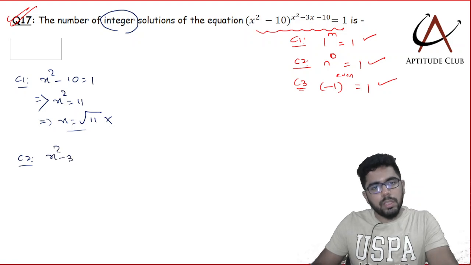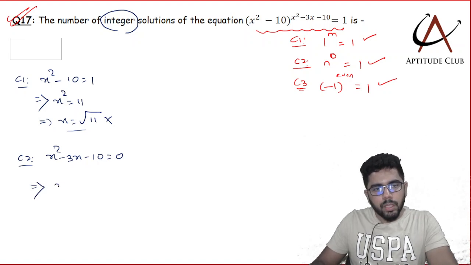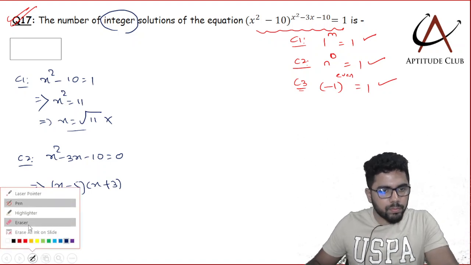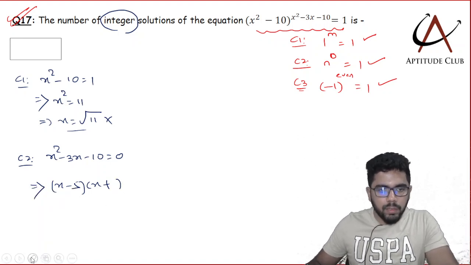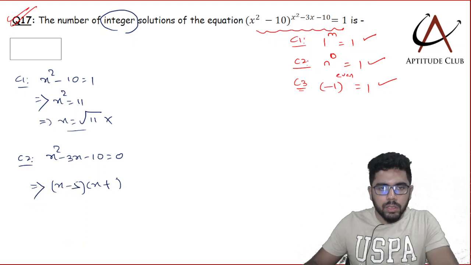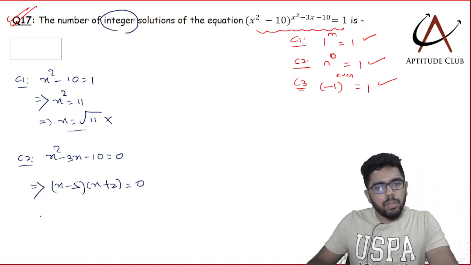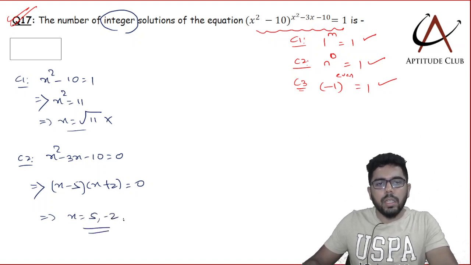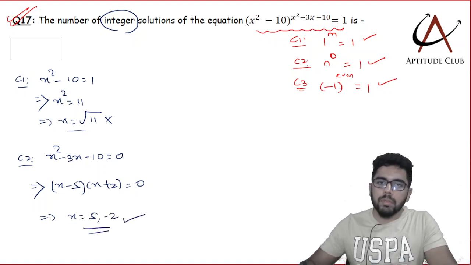So x square minus 3x minus 10 is equal to 0. Middle term factorization: x minus 5 into x plus 2 is equal to 0. So x is equal to 5 or minus 2. Both are integers, so both solutions are possible.